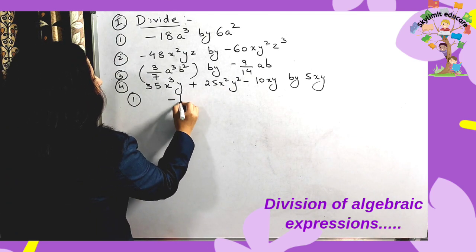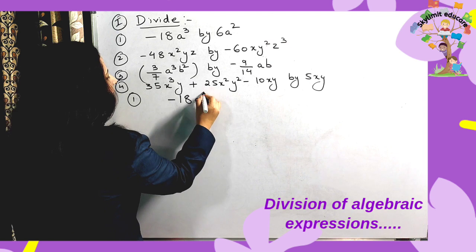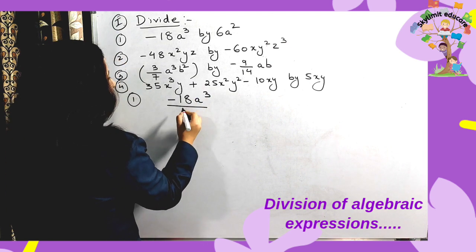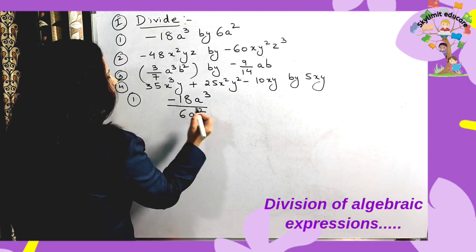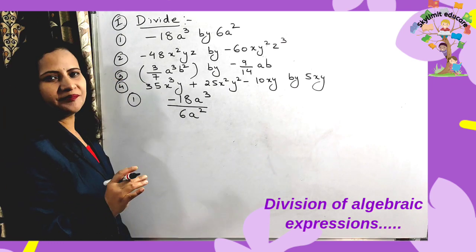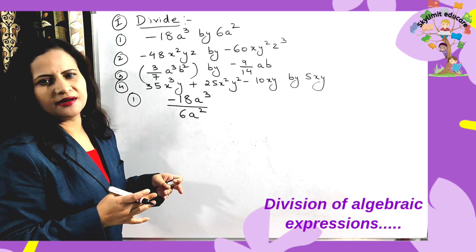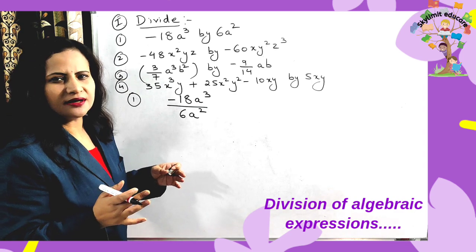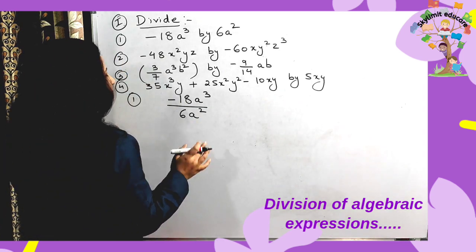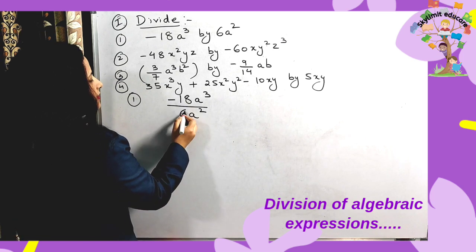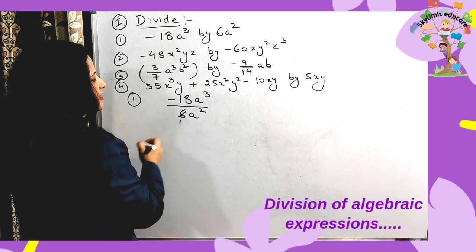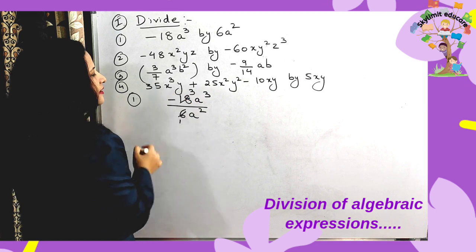You will write down minus 18a cube divided by 6a square. First thing, you solve the number part and you solve the letter part. That manner only you'll be solving it. If you want, you can write in a different manner also, but this is okay. See, 6 1s are 6, 6 3s are 18.